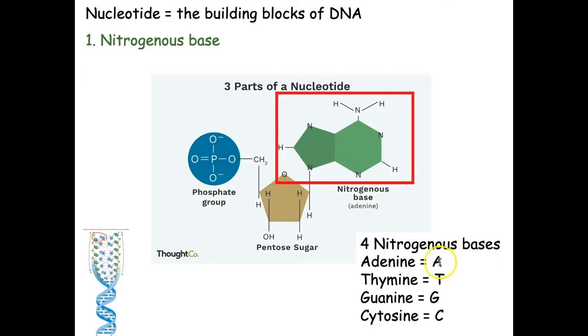You often see them represented by A, T, G, and C. So this part of the nucleotide is the nitrogenous base, and the nitrogenous base is what actually makes the code that gets read by the cell to produce proteins. So the order of the nitrogenous bases, and we've talked about this briefly before, is what makes the code. And we're going to talk about that in detail when we get to transcription and translation.